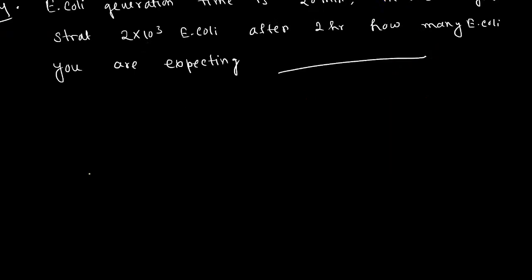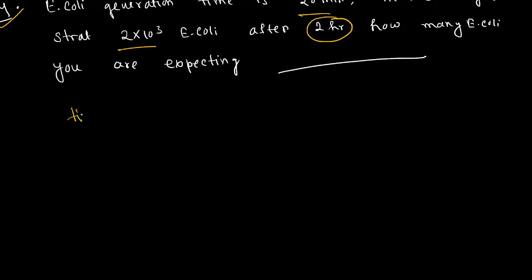Now, question number 34. E. coli generation time is 20 minutes. In lab, if you start with 2 into 10 to the power 3 E. coli, after 2 hours, how many E. coli are you expecting to get?